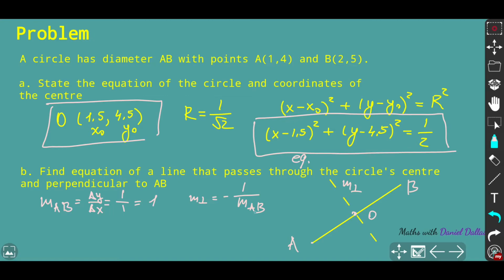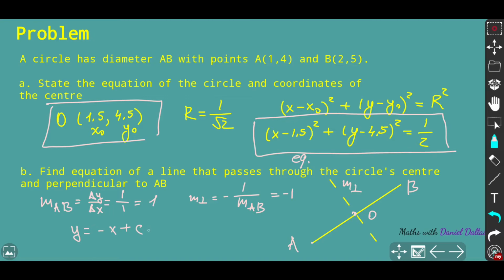You'll find it there. Okay, so now the general equation of the perpendicular line to AB: the gradient is going to be minus 1, so minus x plus an unknown c value, which is the y-intercept. How to find that?